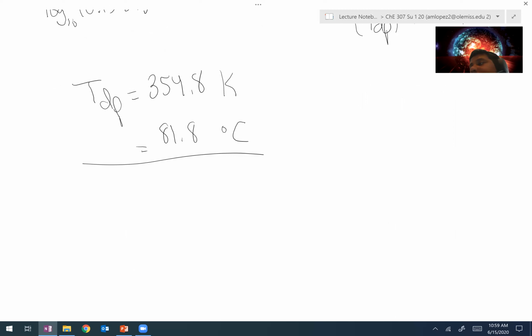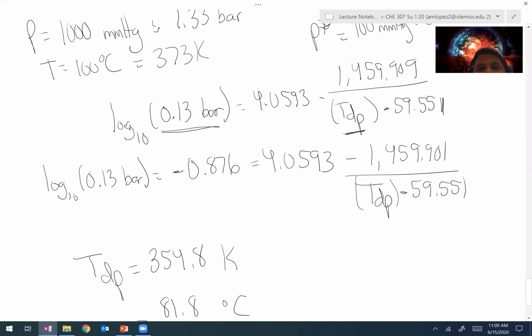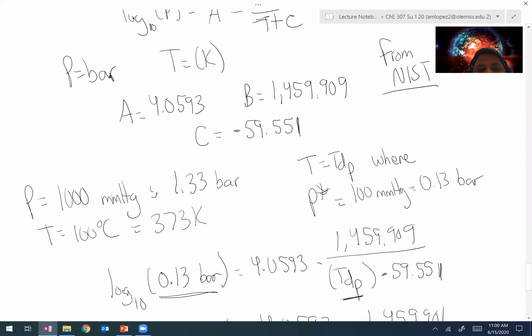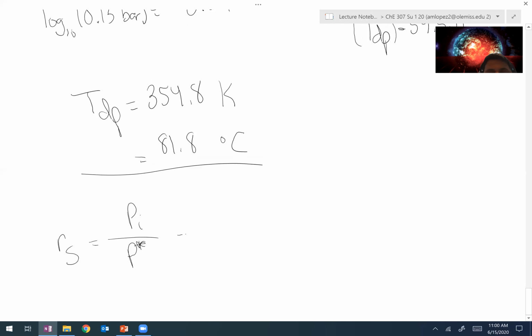Well, the relative saturation or relative humidity is the current pressure over the partial pressure, which the current vapor pressure we said was 100 millimeters of mercury, and the partial pressure at this current temperature was 200 millimeters of mercury.